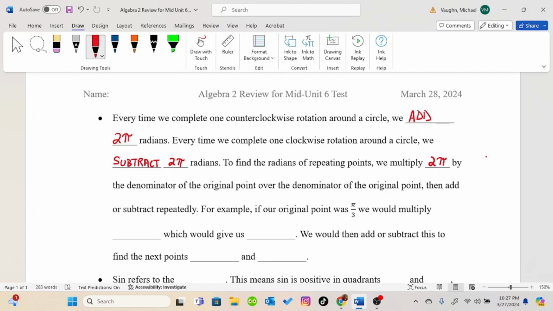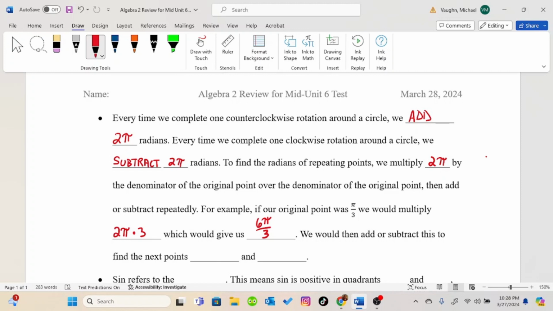For example, if our original point was pi over 3, we would multiply 2 pi times 3, which would give us 6 pi over 3. We would then add or subtract this to find the next points.